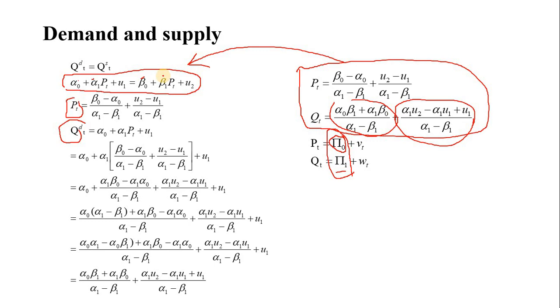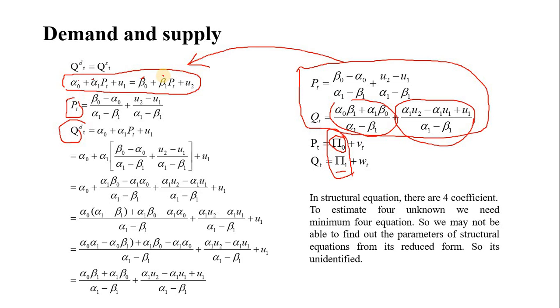So we can say that the demand and supply equations are not identified, because we cannot go back to the original equation from the reduced form equations. For solving parameters, there must be an equal number of parameters and equations; otherwise we cannot solve, or go back to the original equation, or do the identification.